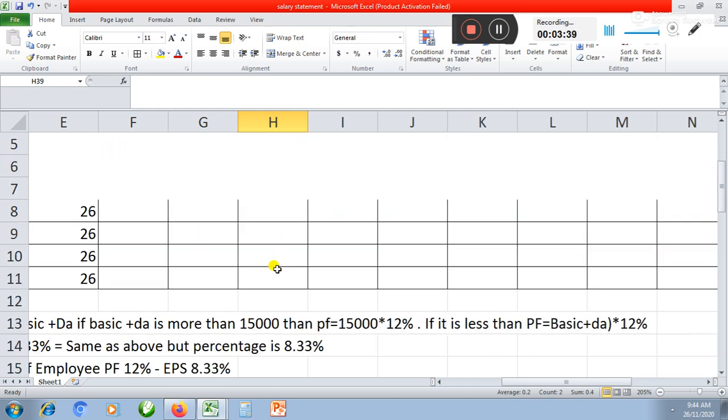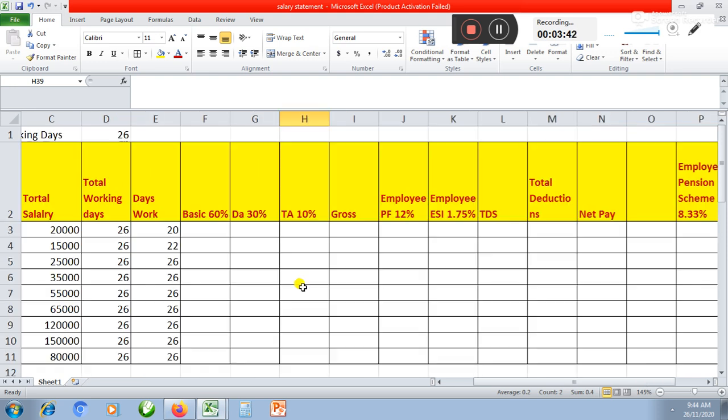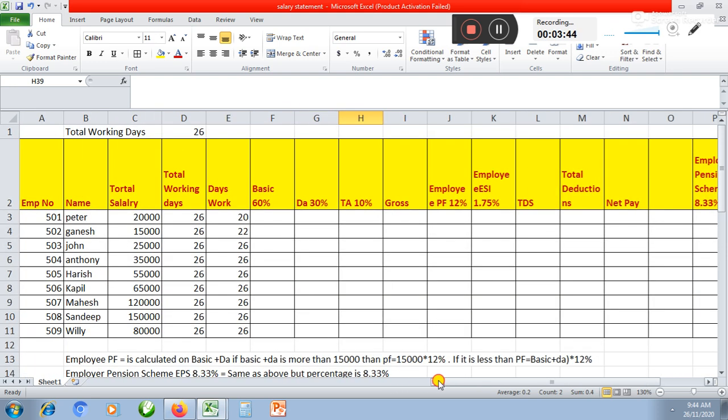Now let us go to the salary statement here. This is the salary statement. Now see, you are getting the salary monthly 20,000. Again, the salary depends on what? Number of days worked, how many days you have worked for. So your total duties is 26 days. He has worked for 20 days. So how to calculate? 20,000 into 60% will give me 60% of that.